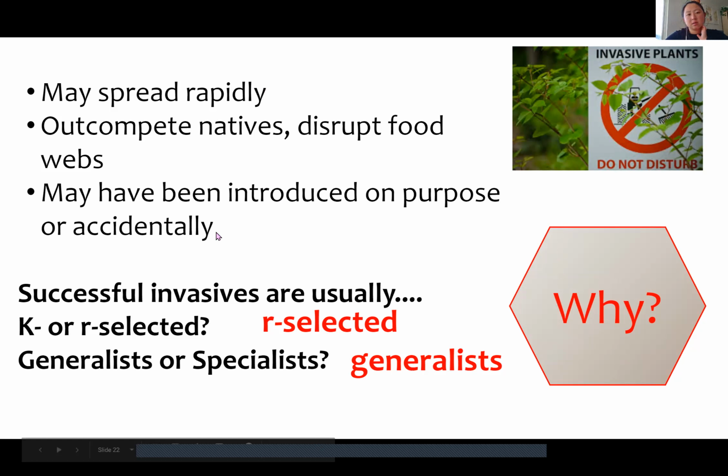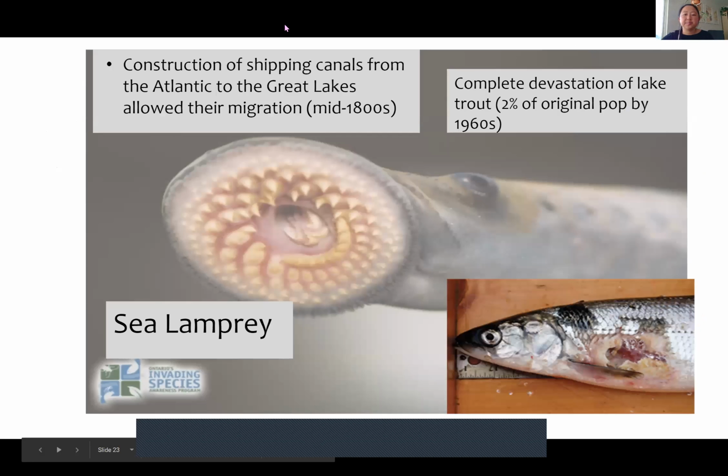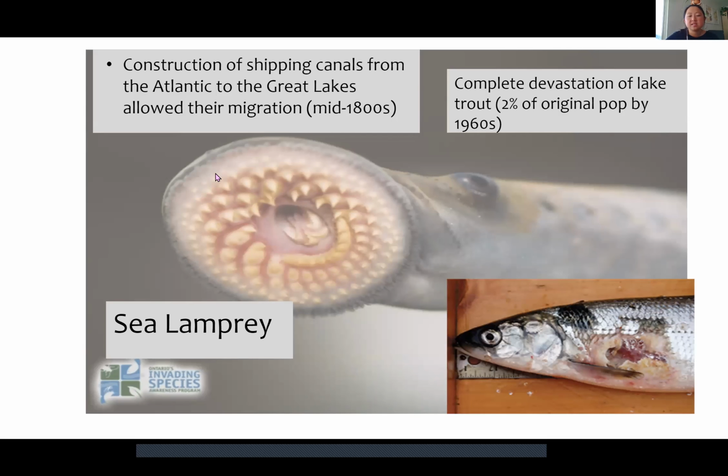needs. An example, this is a very interesting species: the sea lamprey was introduced in Canada, all over North America. It was introduced because of construction on shipping channel canals from the Atlantic to the Great Lakes.